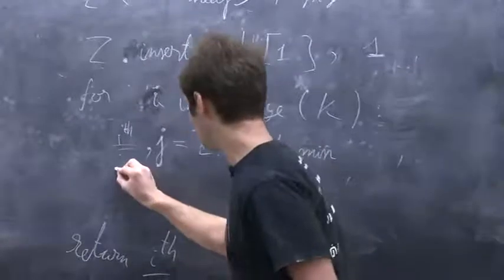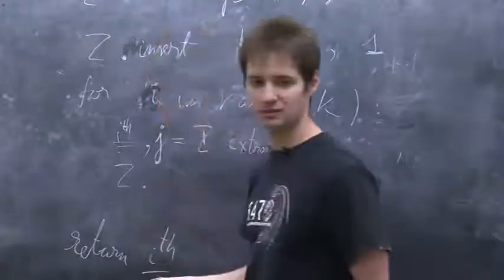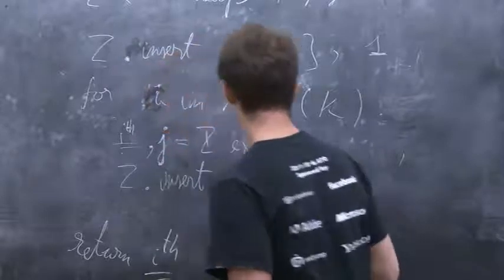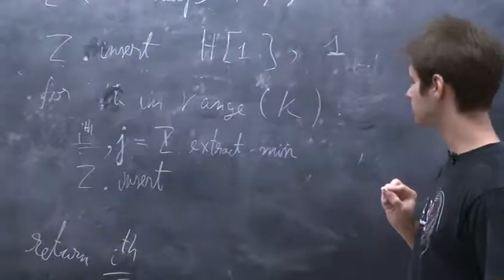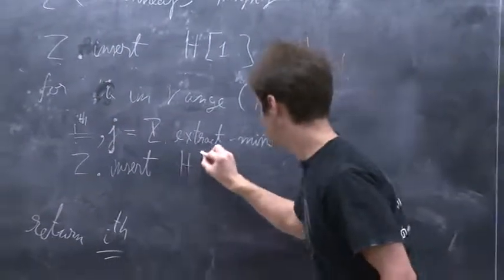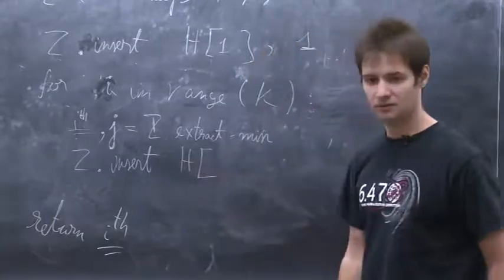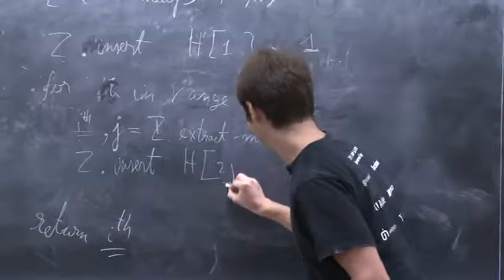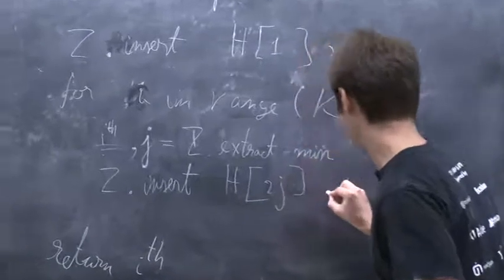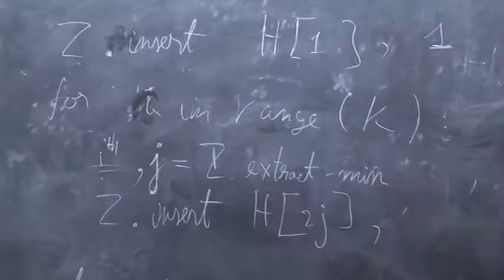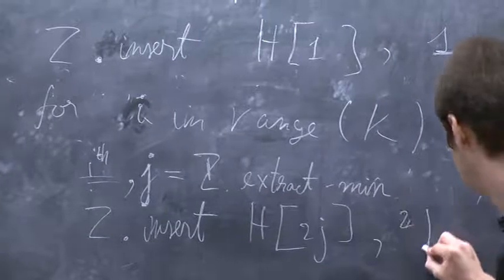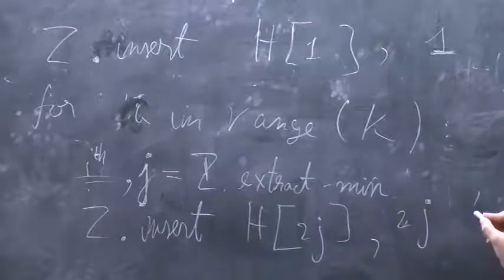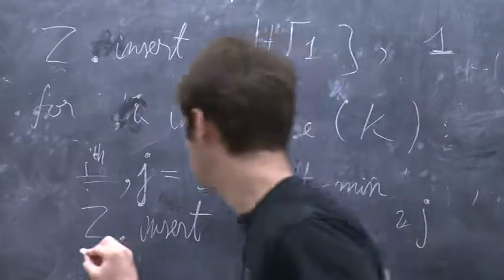So we're going to say z dot insert. What do I insert? h of 2 times j. See, j, it's working already. The job security thing is working. And h of 2j plus 1. You have to do 2 lines. Okay, sweet.